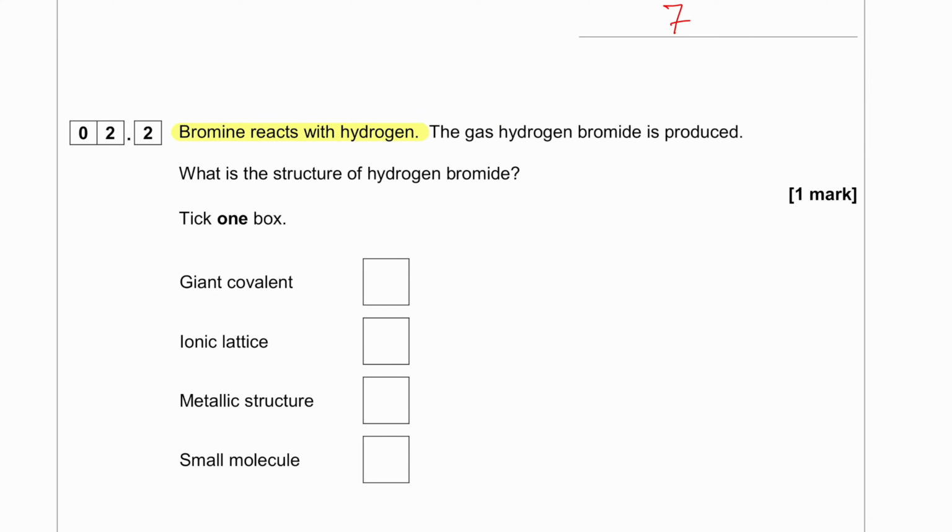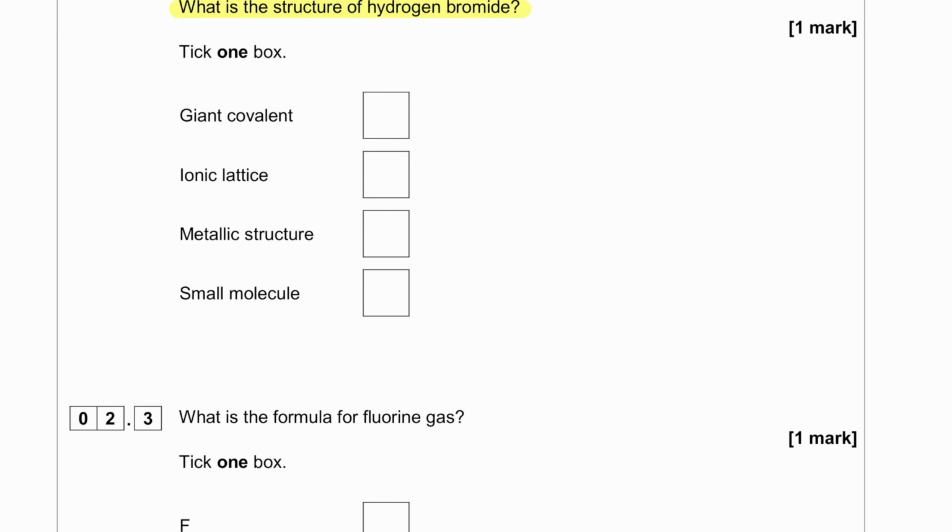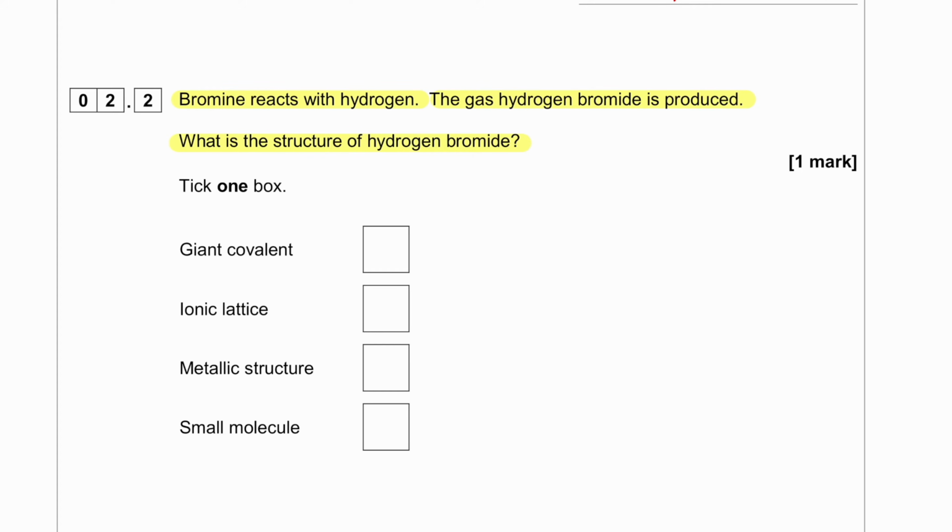Bromine reacts with hydrogen. The gas hydrogen bromide is produced. What is the structure of hydrogen bromide? So, okay, hydrogen bromide, let's see. Hydrogen has only 1 electron in the outer shell. And bromine, on the other hand, has 7 electrons in the outer shell, shown by the dot and cross structure.